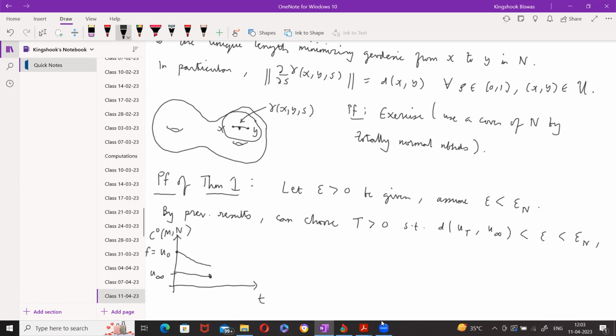Now, what I can do is I look at time capital T. I look at my u_t here, so this is my u sub capital T. So u sub capital T is close to u infinity, right?